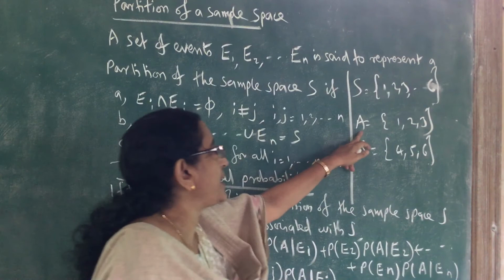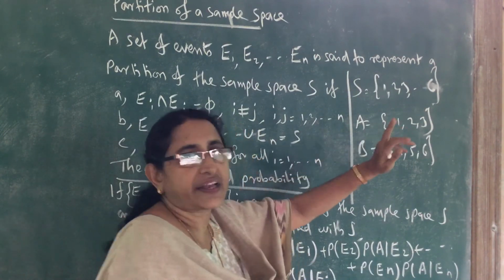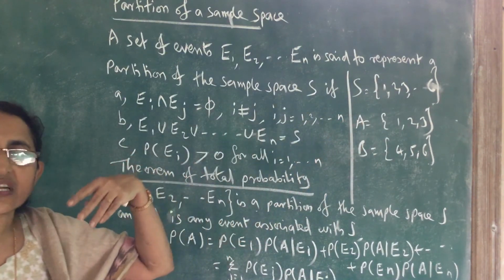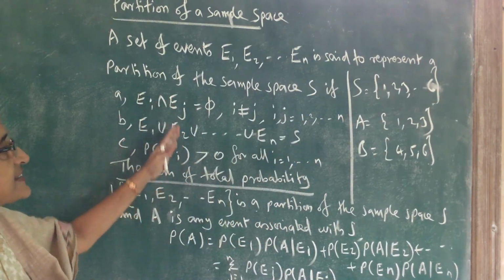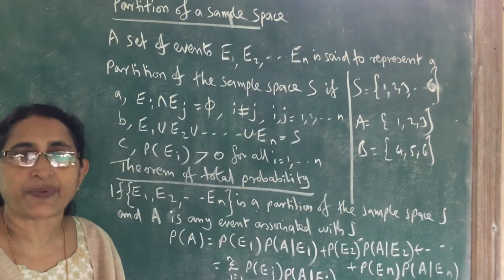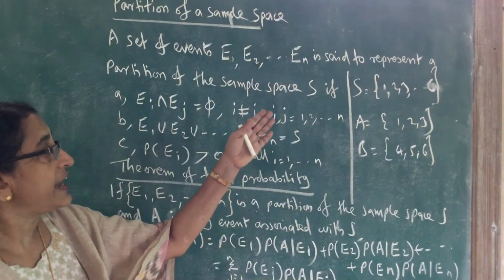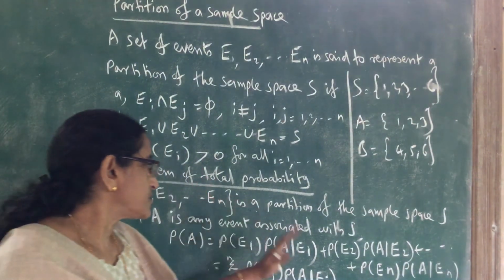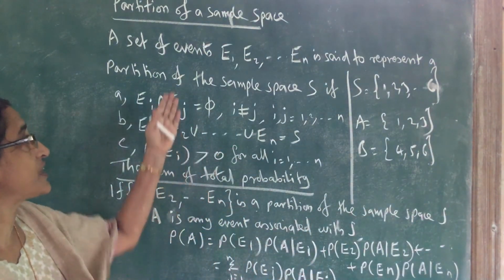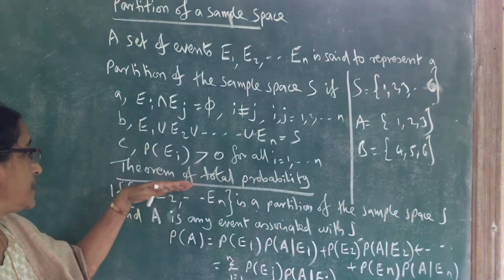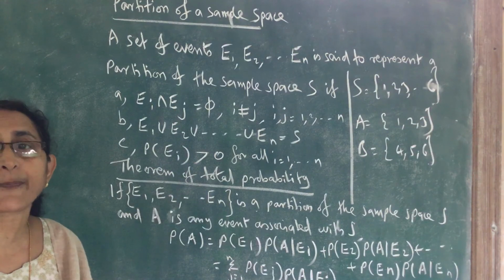What is the probability of A? That is 3 by 6, that is 1 by 2. Probability of B, 3 by 6, 1 by 2. That is greater than 0. So all these three conditions are satisfied. Therefore, A and B form a partition of the sample space S. So that is one example for partition of the sample space. So understand these two terms: partition of a sample space is a very important term, and understand the theorem of total probability.